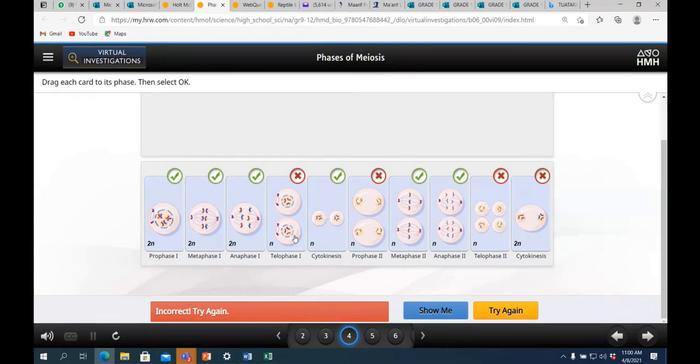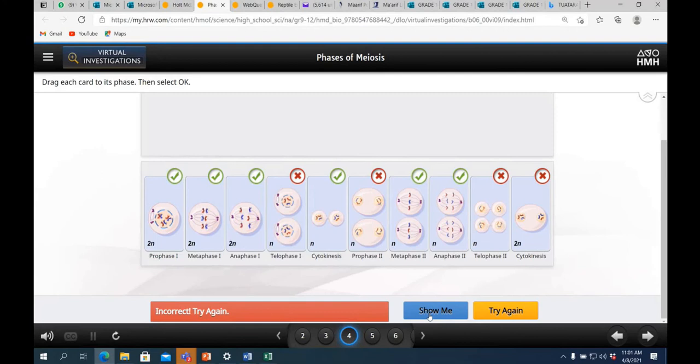And then the one we put for prophase 2 is supposed to be in telophase 2. This one should have been in telophase 1. Yes, perfect. And this one should have been the cytokinesis over here in 1.